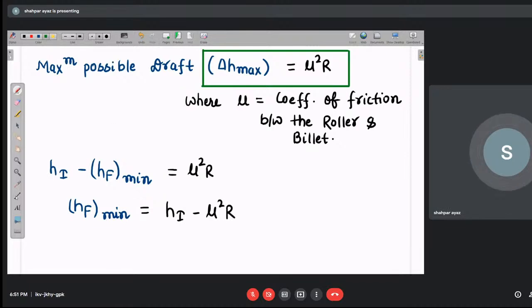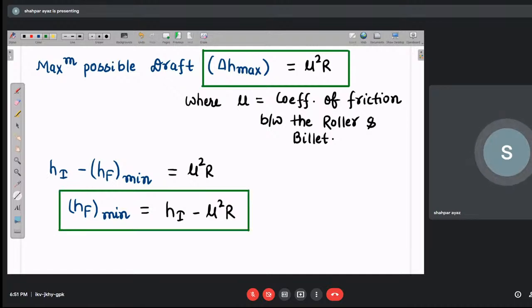This is the minimum thickness obtained, the minimum possible thickness after rolling.